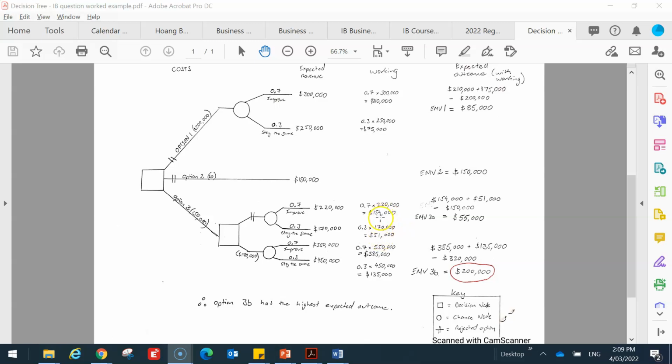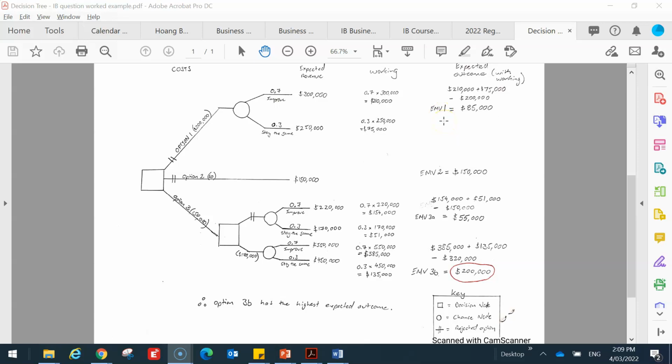Part of the working out process, part of the process of coming towards our expected outcome or our expected monetary value means the same thing. Okay, so the two terms, expected outcome or EMV stands for expected monetary value. Okay, they both mean exactly the same thing.